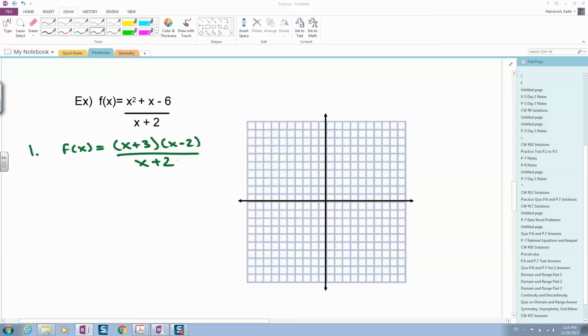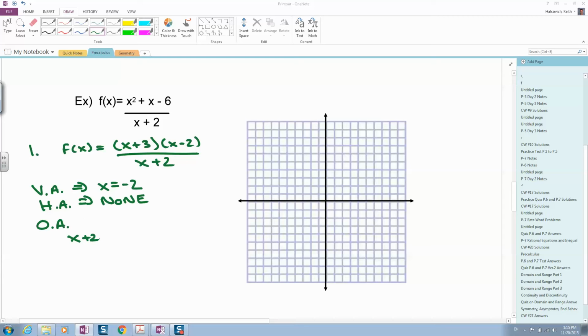Then that allows us to tell what the vertical asymptotes are. Well, in this case, there's only one. Vertical asymptote is x equals negative 2. Horizontal asymptote, there is none because the degree of the top is bigger than the degree of the bottom. An oblique asymptote, well, here we're going to have to divide.